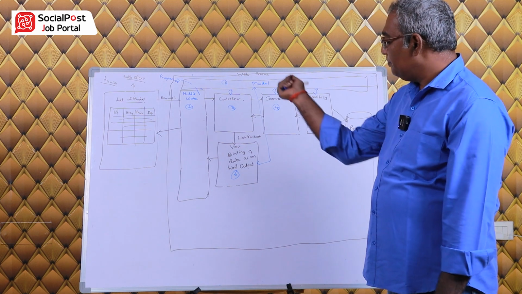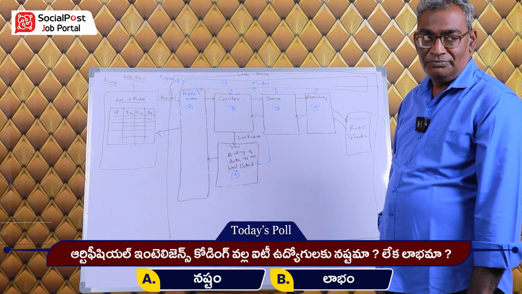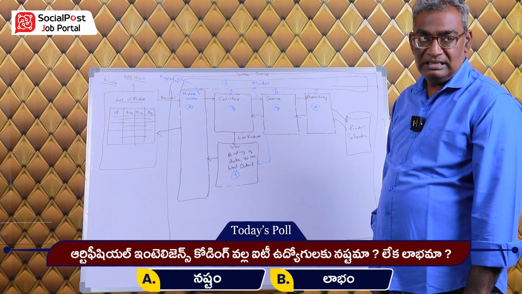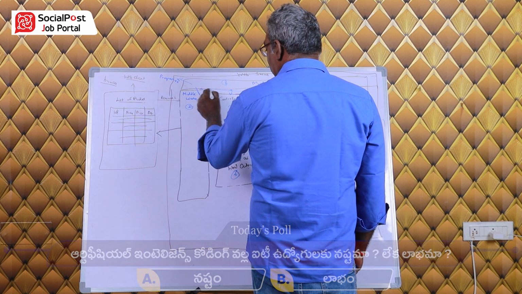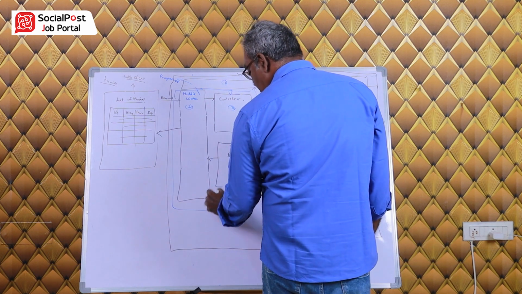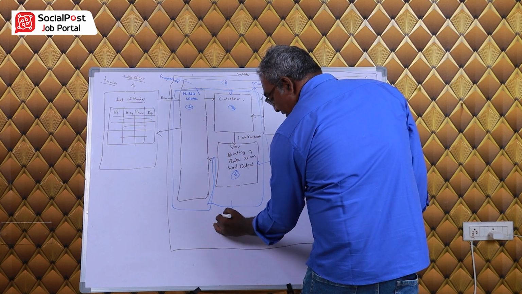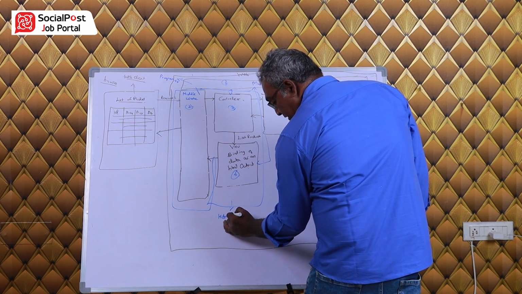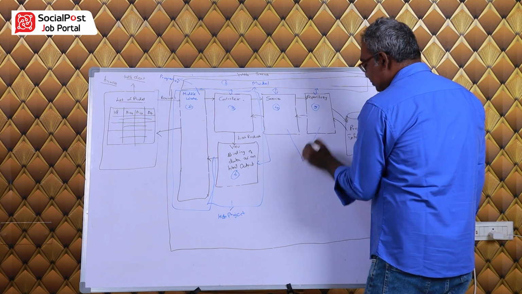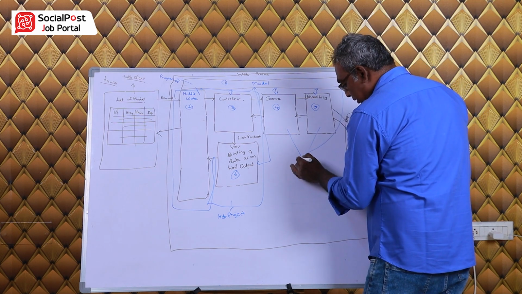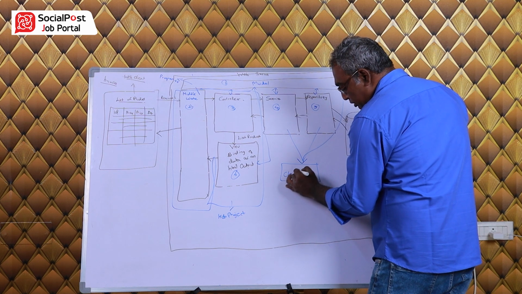Okay, so what type of project can I create in each layer? These three are considered web projects in .NET. These other ones are considered class library projects in .NET.